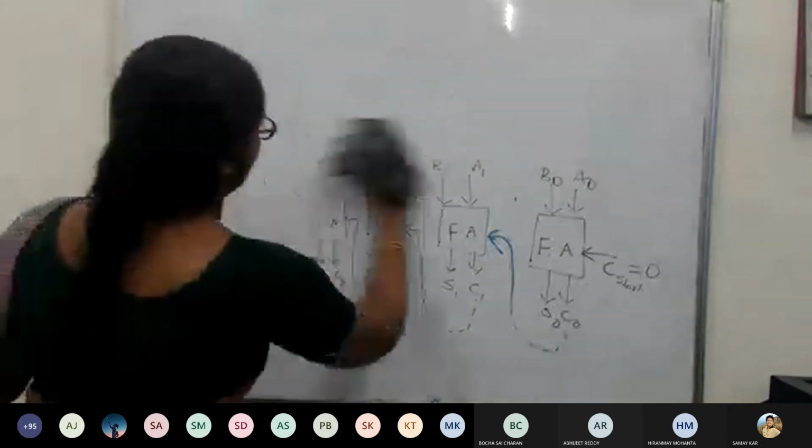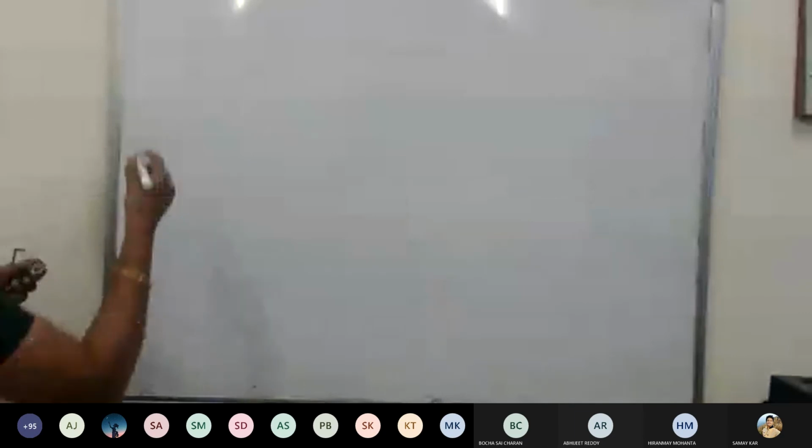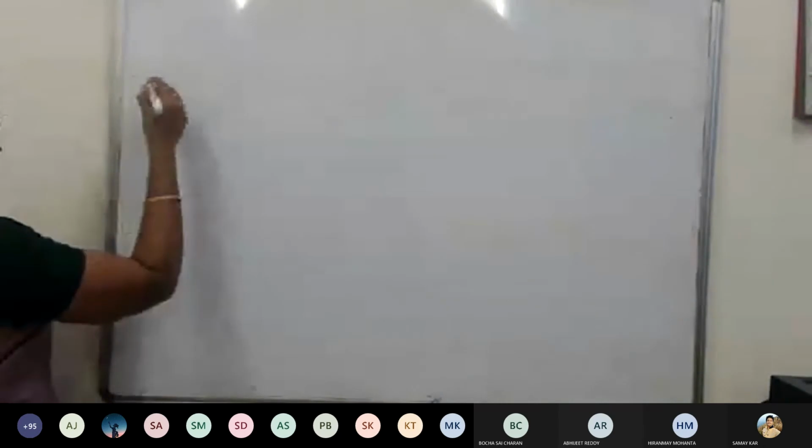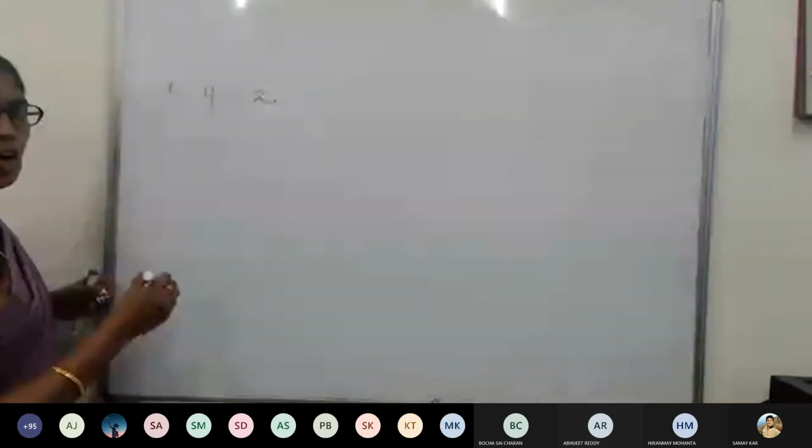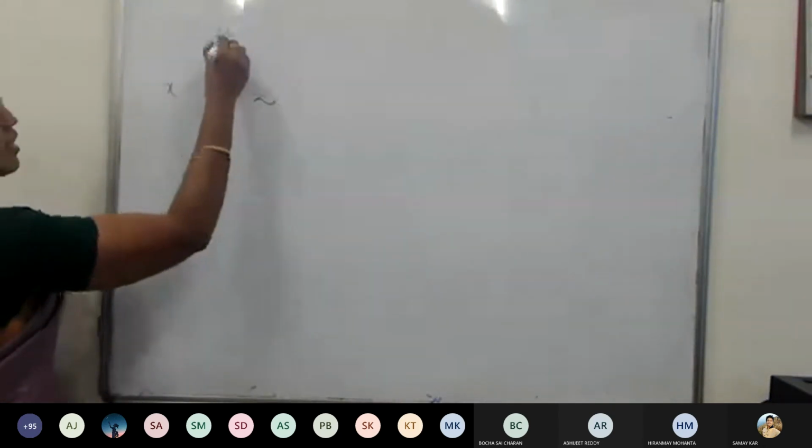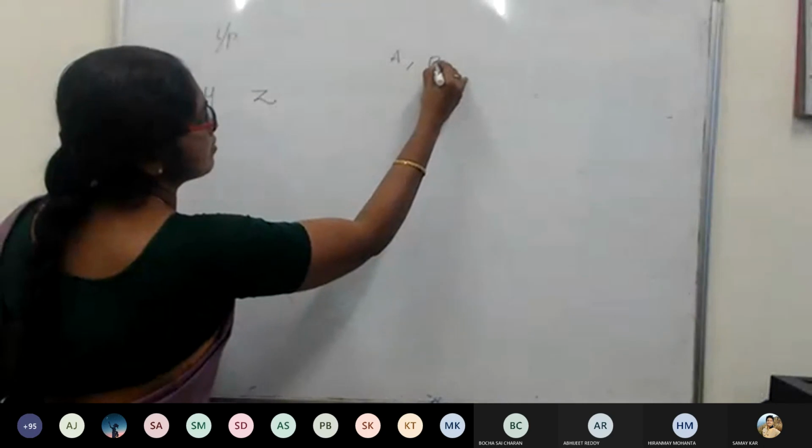I will write. It is a textbook problem. Inputs are X, Y, and Z, and outputs are A, B, and C. Now what did they say?